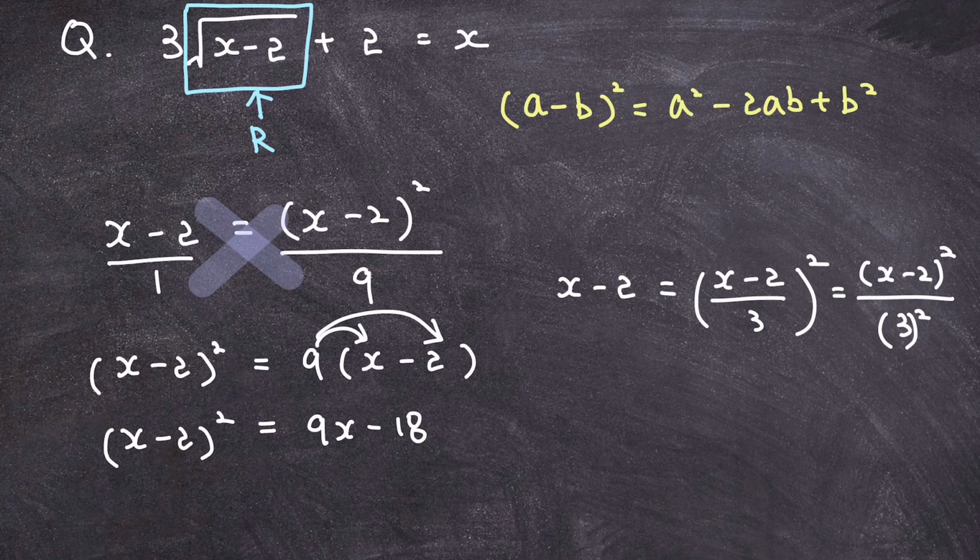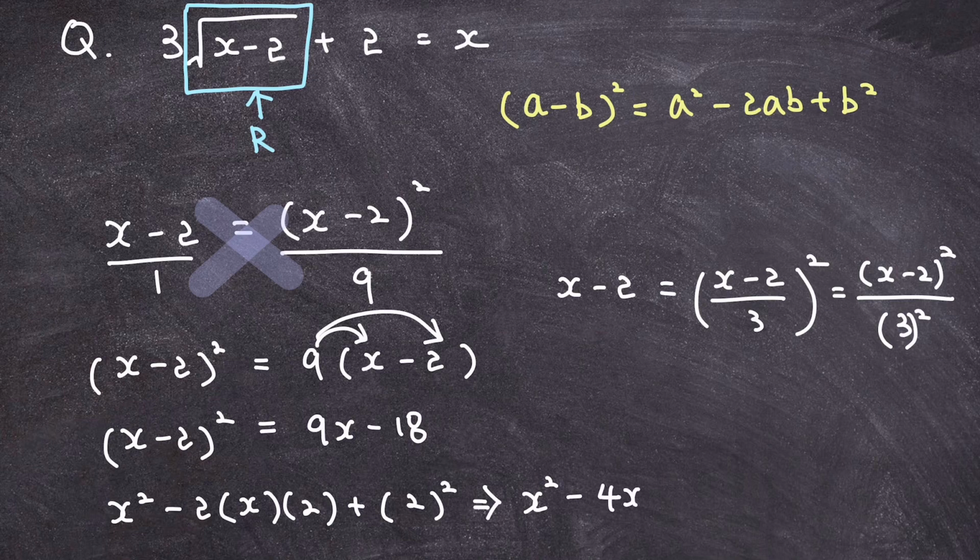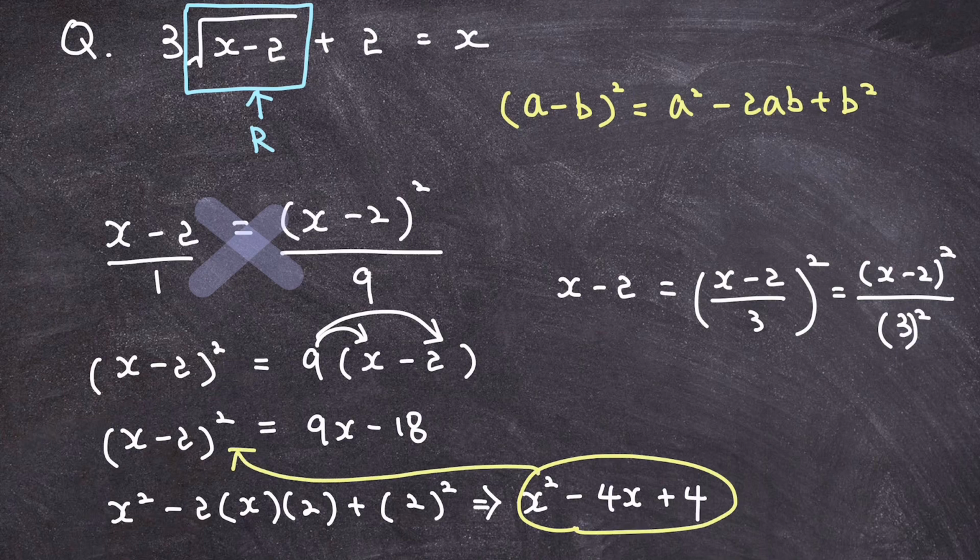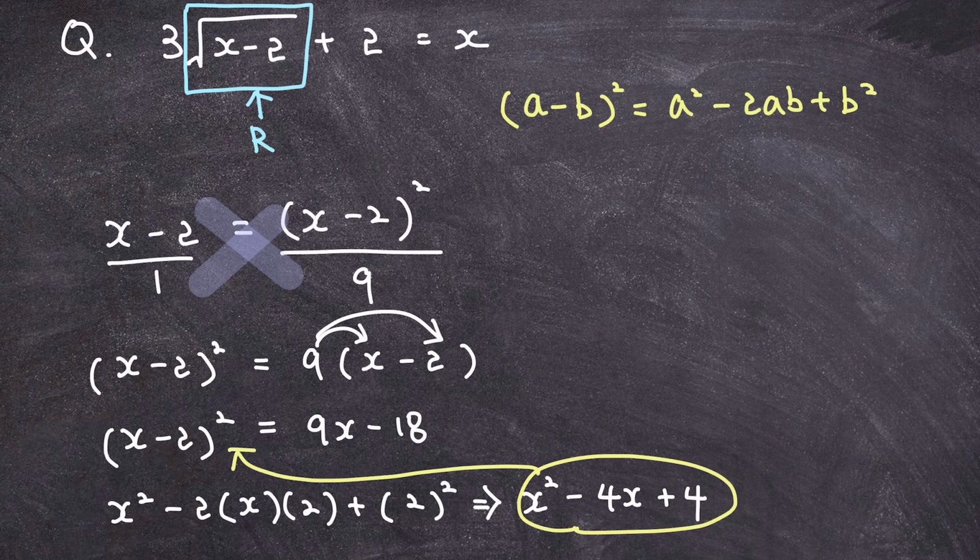X minus 2 squared is equal to x squared minus 2 times a times b plus b squared, and that's equal to x squared minus 4x plus 4. So this one goes in place of this, and let's rewrite it here.